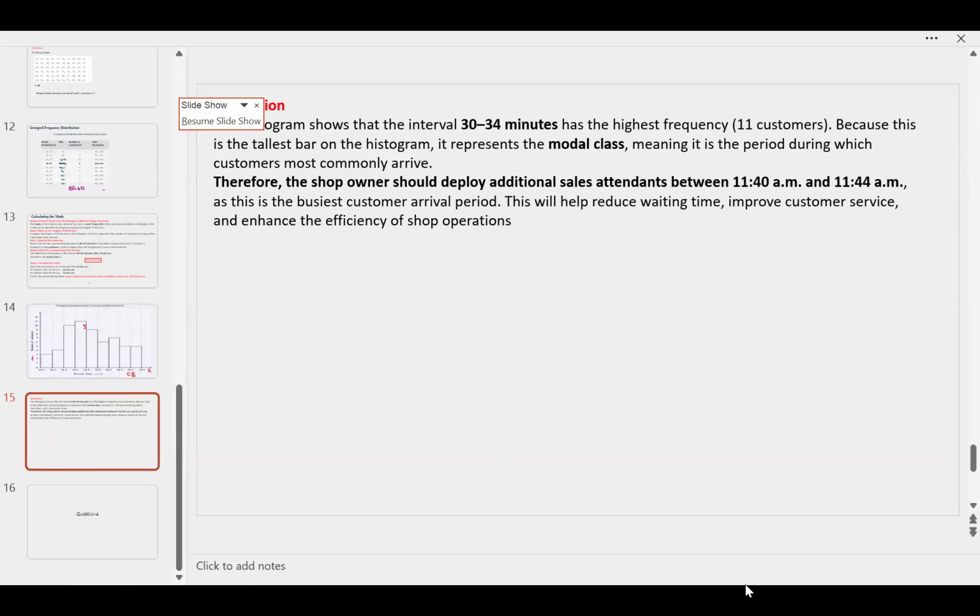Any questions? Kindly, please put up your hand. Does anyone have a question? Okay. Thank you so much. That was my presentation for the first item under data and probability.